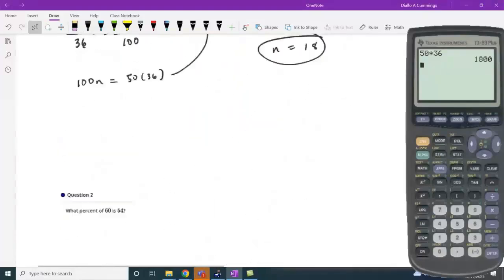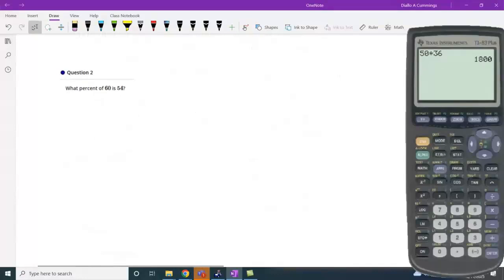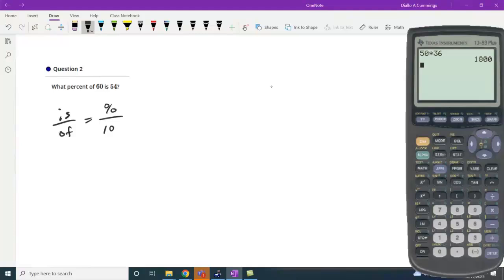All right, so let's take a look at number 2. It says: what percent of 60 is 54? It's not really necessary for you to write out this percent equation all the time, but for instruction purposes, I'm just going to write it out. It starts out with what percent, so we're trying to find the percentage.